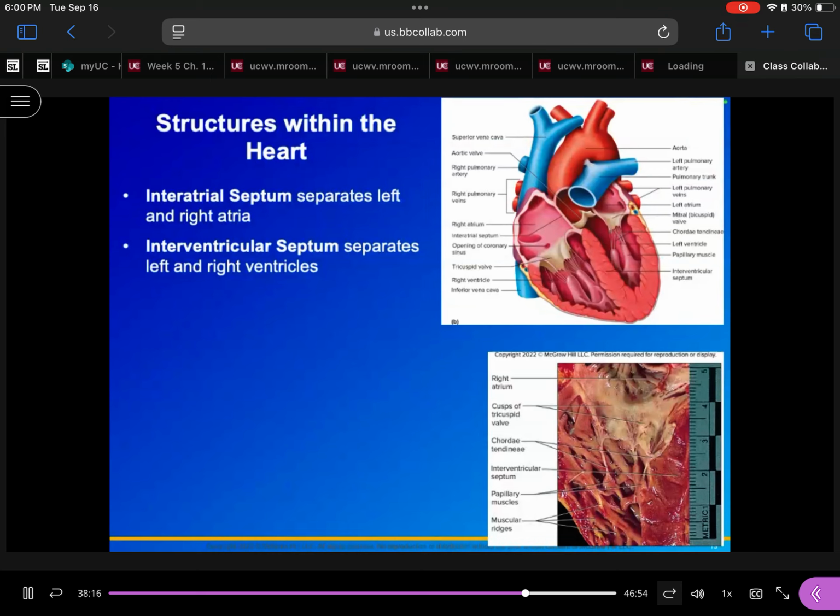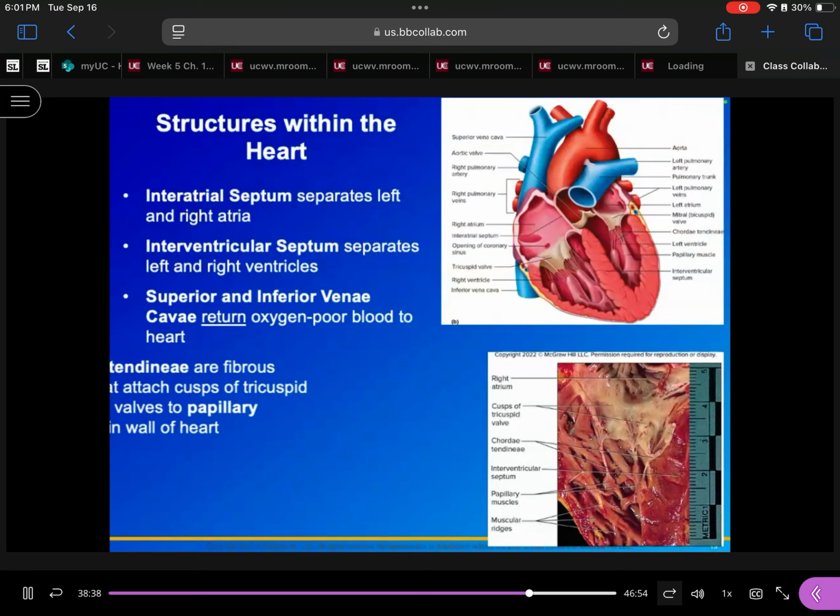The interventricular septum is going to separate the right and left ventricles. It runs right along the aorta up there, the atrial. And then the interventricular septum is going to be right here. And we'll talk more about its purpose and electrical signal conduction when we get to the conduction system.